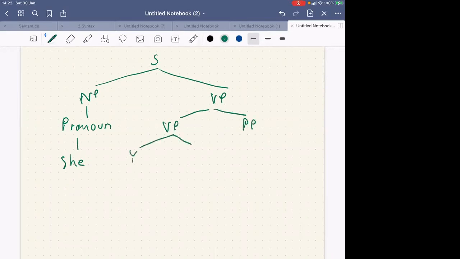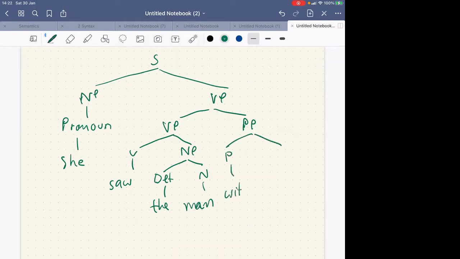The VP here would be the verb saw and the NP, the man. For the PP, we will have P with and the NP, where we have a and telescope.